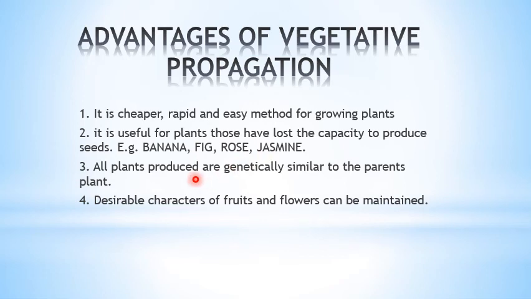All plants produced are genetically similar to the parent plants, and desirable characters of fruits and flowers can be maintained. So these are the very important advantages of vegetative propagation.